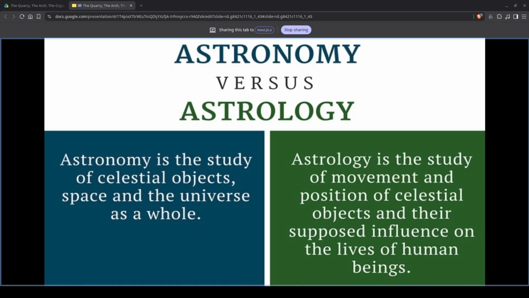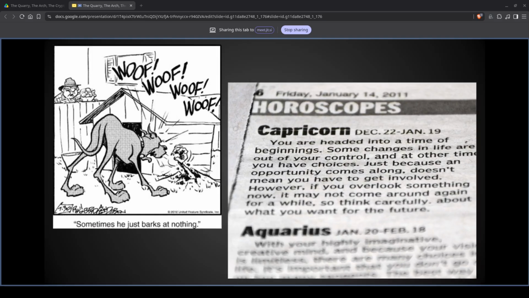Astrology is the study of the movement and position of celestial objects and their supposed influence on the lives of human beings. Whenever somebody says astrology, I think that word is taken way out of context, because astro means space and ology means the study of. When you say astrology, you're supposed to be saying the study of space, but instead people think horoscope.